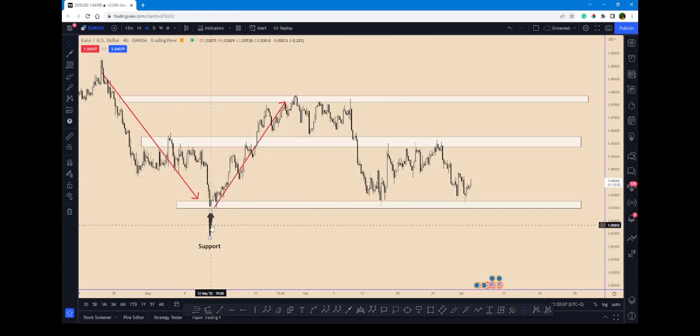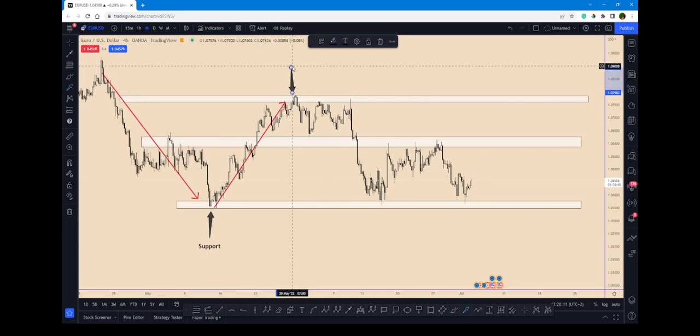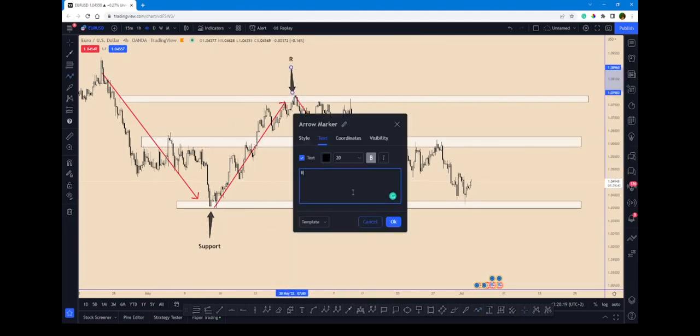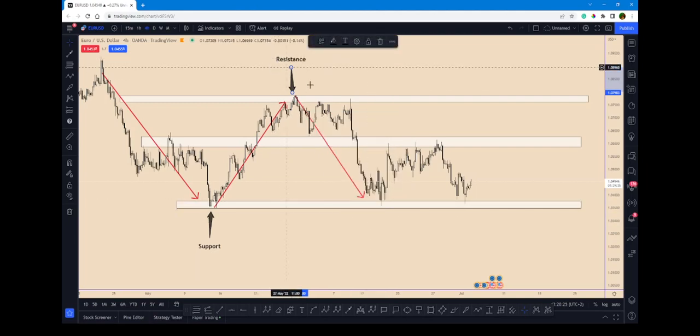After the price moved higher, it moved lower again. In this way, price created a resistance part of the structure. This is the resistance area, and when it came lower, we can see that price tested the previous low.